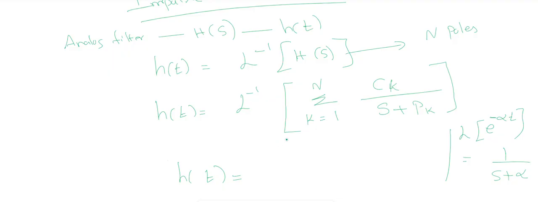You can write the summation of k equal to 1 to n, ck into e power minus pk t, since e power minus alpha t corresponds to 1 by s plus alpha.